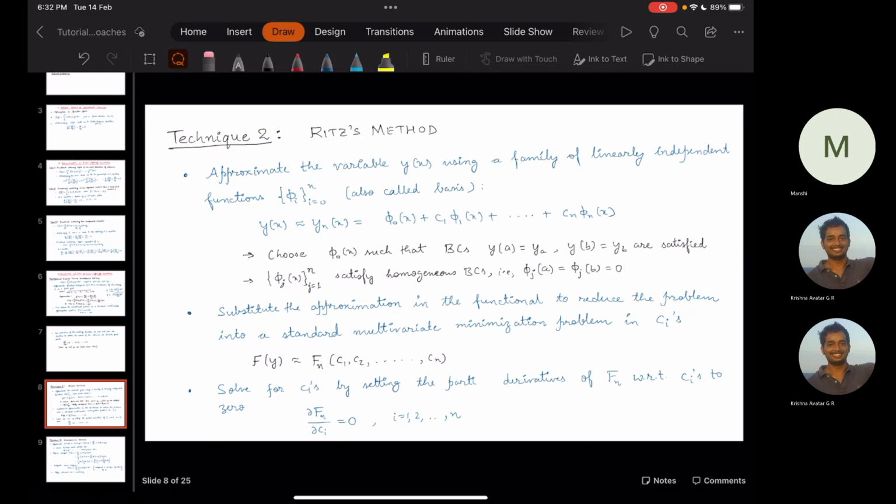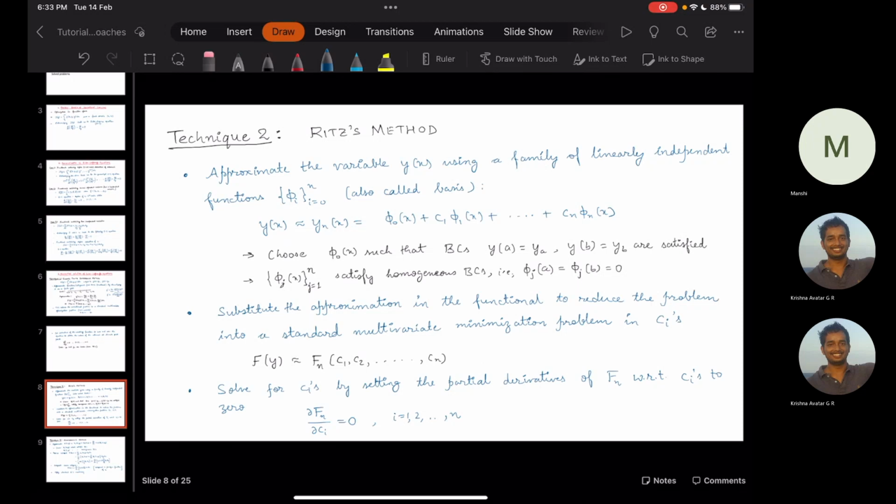Now, since we have a standard multivariate minimization problem, all we need to do is solve for the ci's. This has to be done by setting the partial derivatives of Fn with respect to the ci's to 0 for each of the ci's.